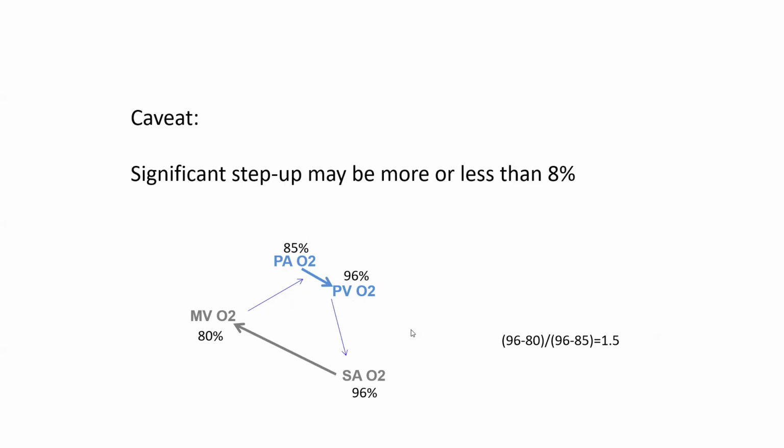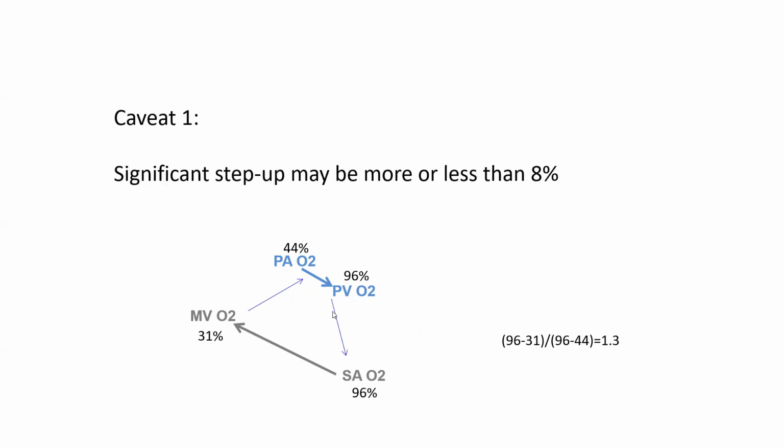So here's the idea. The lower your cardiac output and the lower your mixed venous systemic O2 saturation, the higher the step up that is needed for the shunt to be significant. So the lower your cardiac output, the lower that mixed venous O2 is before the step up, the more step up you need for the shunt to be significant.